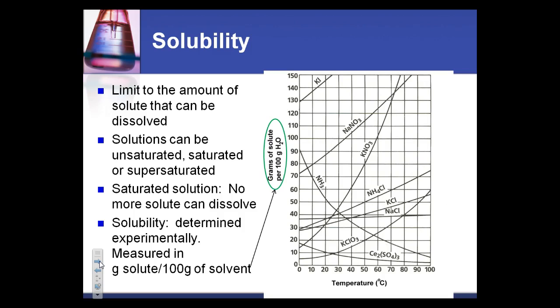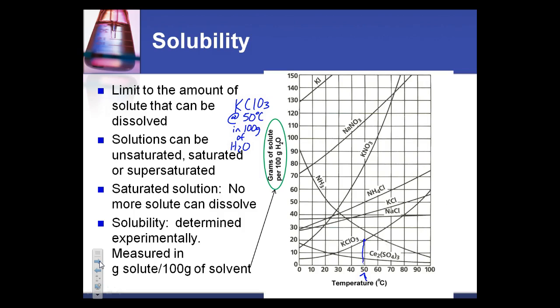So let's have an example. Say we're looking at potassium chlorate, and we want to know its solubility at 50 degrees C in 100 grams of water. So we would go to the temperature, 50 degrees, right down here, and we will go up until we find potassium chlorate.